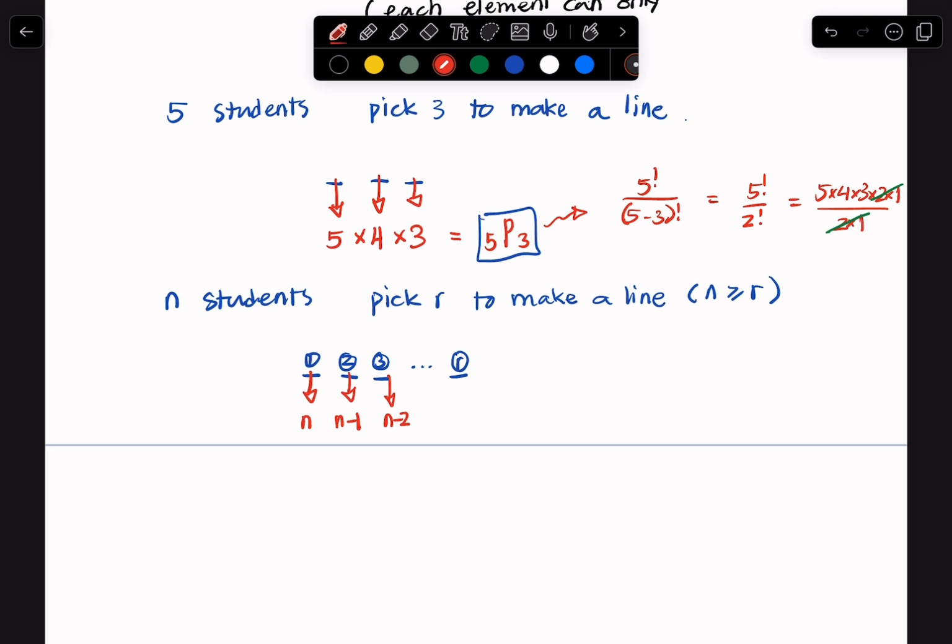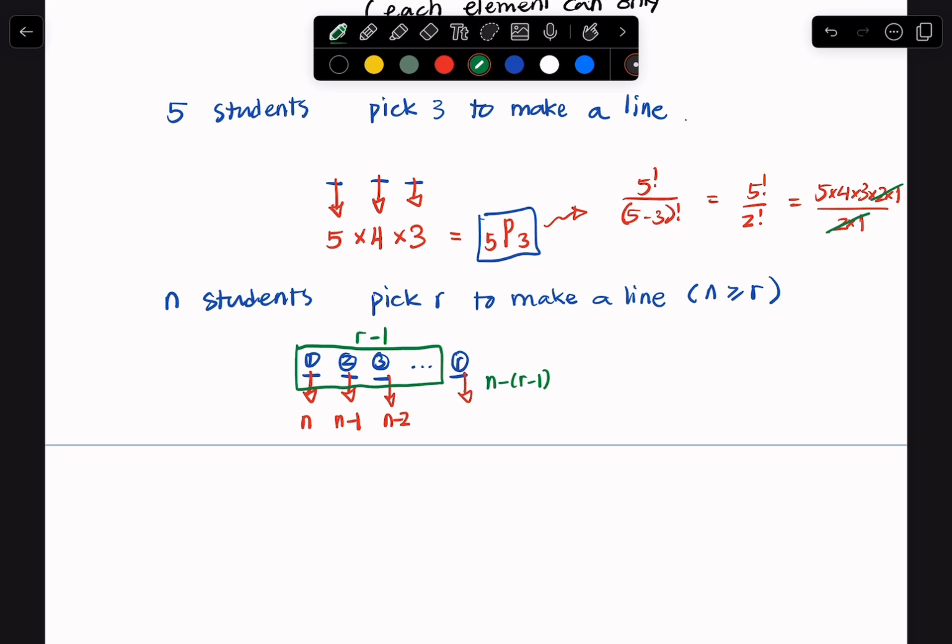Okay, and what about the rth place, the last place? Originally, I have n students, and in the previous r minus 1 places, we know that r minus 1 students are chosen. So that means for the rth place, I'm gonna use my total students number, which is n, minus (r minus 1).